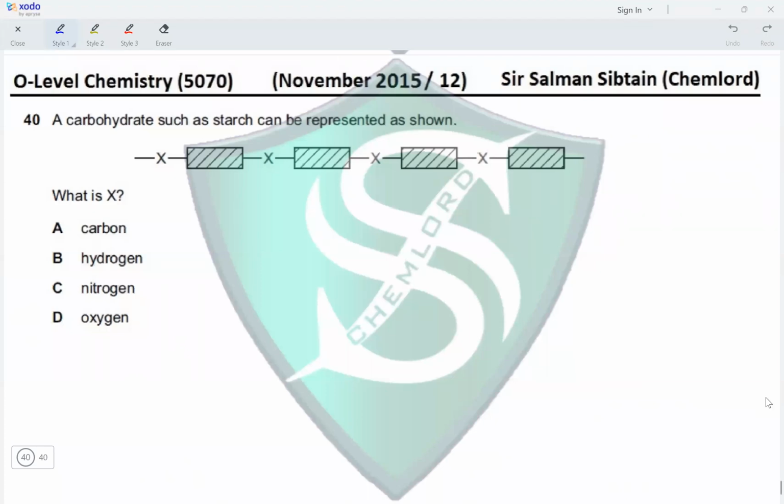Question 40. A carbohydrate such as starch can be represented as shown. What is X? So, starch is a polysaccharide in which units of glucose, which is represented by the box, are linked together by a glycosidic link. And a glycosidic link is an oxygen atom between two glucose molecules.